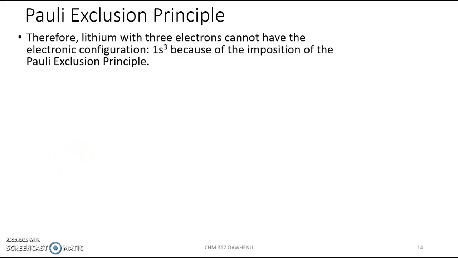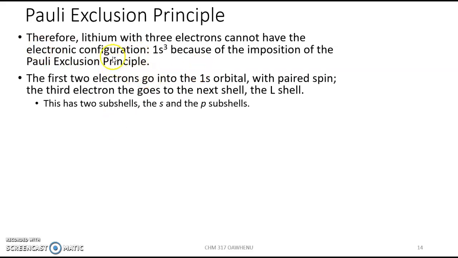Our lithium atom with three electrons cannot be expressed as 1s3 because of the imposition of the Pauli Exclusion Principle. As a result, the first two electrons go into the 1s orbital.